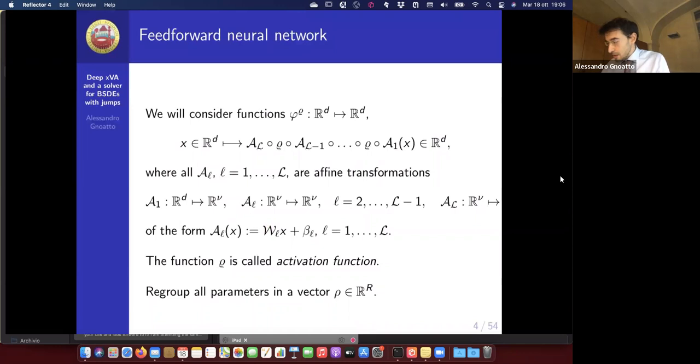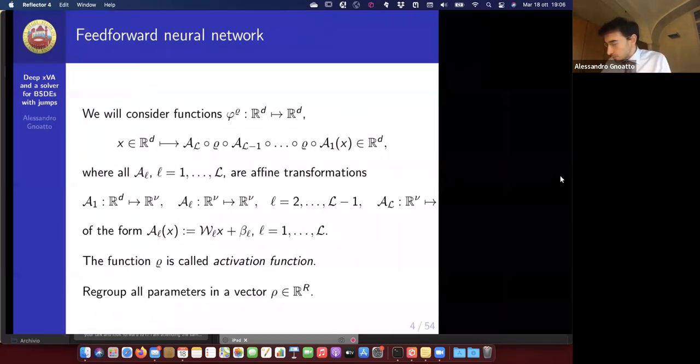You compute this affine transformation, and then you apply to each component of the vector a so-called activation function, and then you send the output to the next so-called layer. By gluing together several layers of this form, you obtain the classical feed-forward artificial neural network. Sometimes during the talk, I will be just regrouping all the parameters of all matrices and of all biases inside a single vector rho.